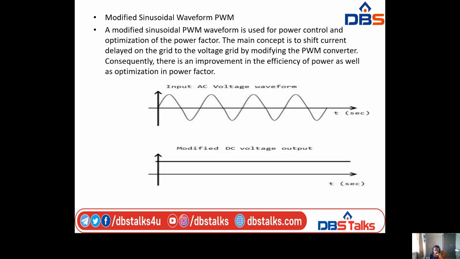Consequently, there is an improvement in efficiency of power as well as optimization of power factor. This is a modified AC voltage waveform and this is a modified DC voltage output. Whenever we optimize the power factor, the efficiency of power is improved.